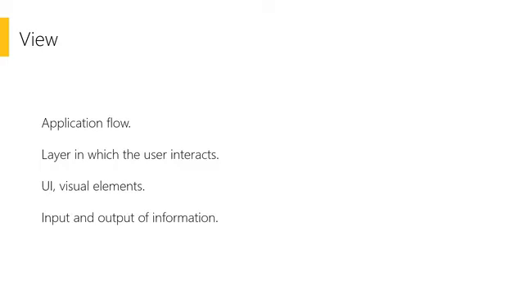Now, in the view, you would include the application flow. This means which page is going to navigate to which page, and of course you have to define the way those pages are going to look like. So you will define the UI and include the visual elements of your application. This is the layer in which the user interacts, because it's the one that has the input and output information.